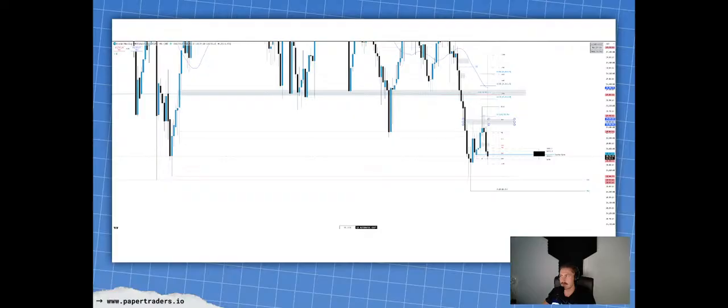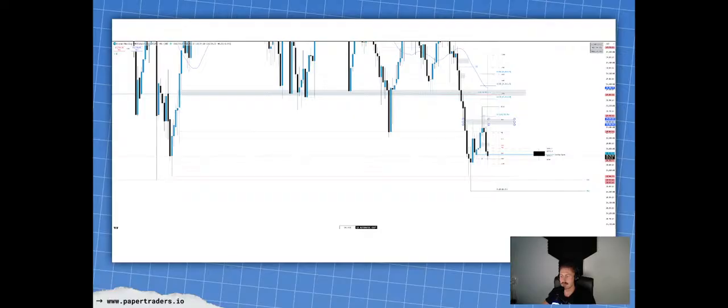the 4 hour FVG, and we were looking for a potential outside 4 hour if price could not hold above the previous 4 hour high there.